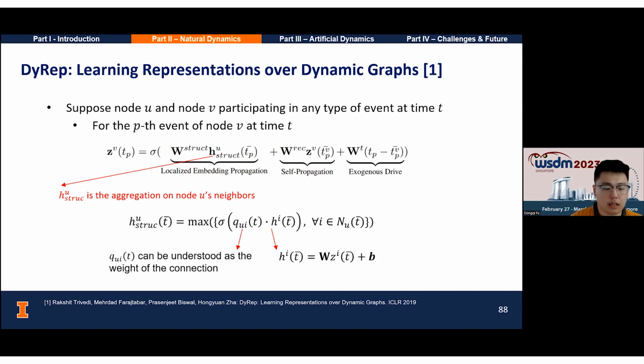We read out the max component in this neighborhood, as the second order proximity of node U, to get the node representation for the node V.